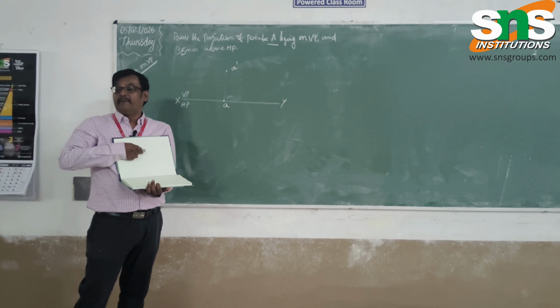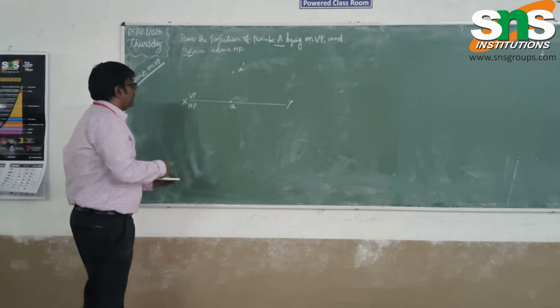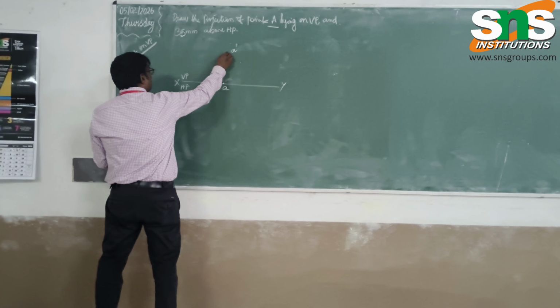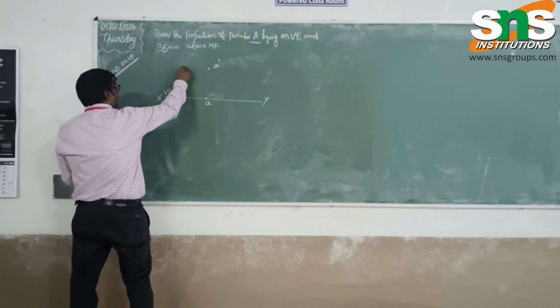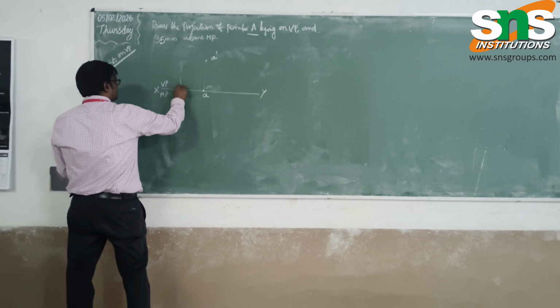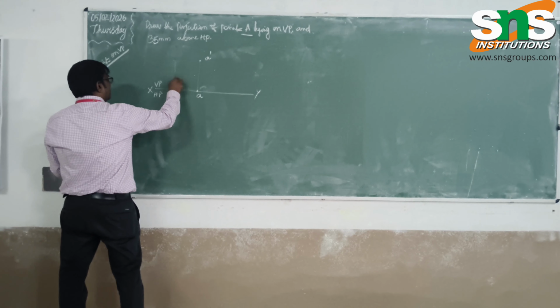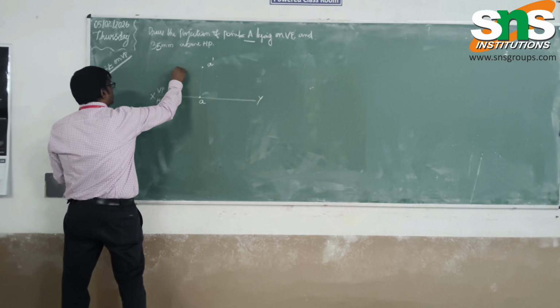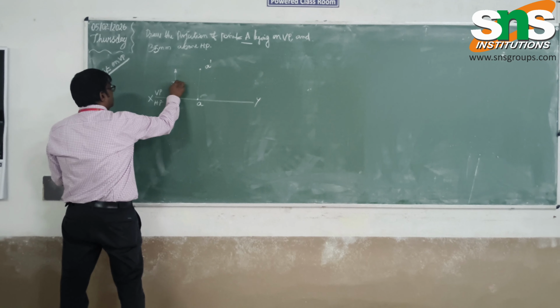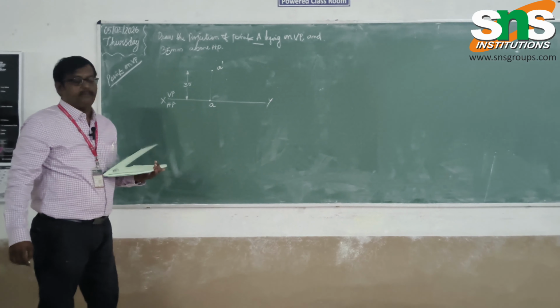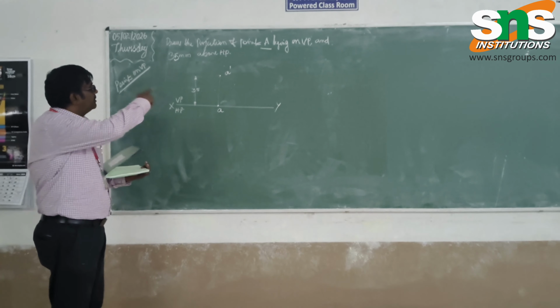This is a point on VP. So A and A dash. How much distance is given in the problem? 35 millimeter. This is the answer for this problem.